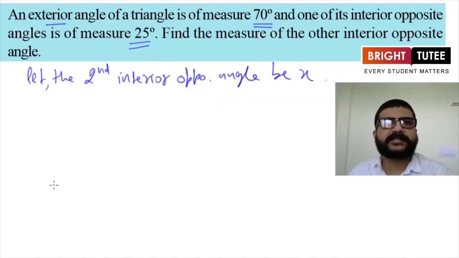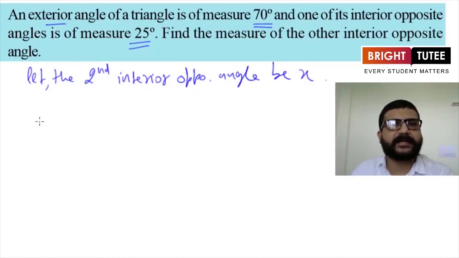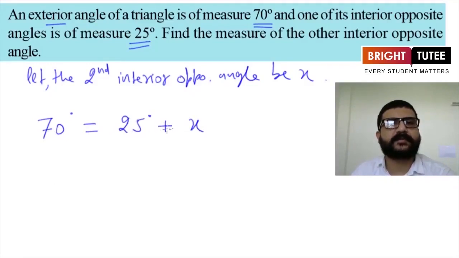Now we can use exterior angle property here, which is an exterior angle is equal to the sum of opposite interior angles. So it means we will get 70 degrees, this is exterior angle, is equal to 25 degrees plus x, which is sum of interior opposite angles.